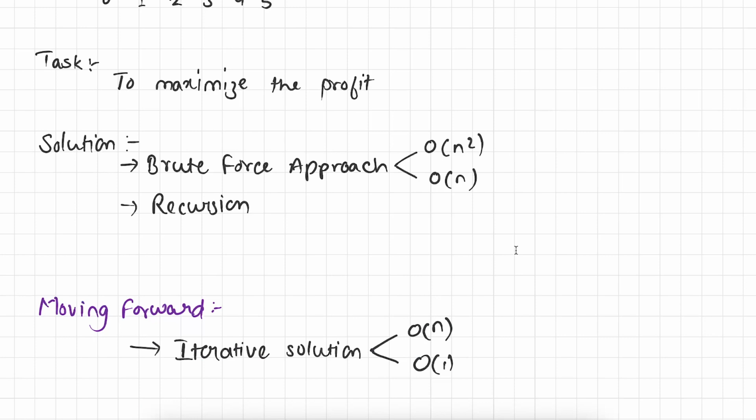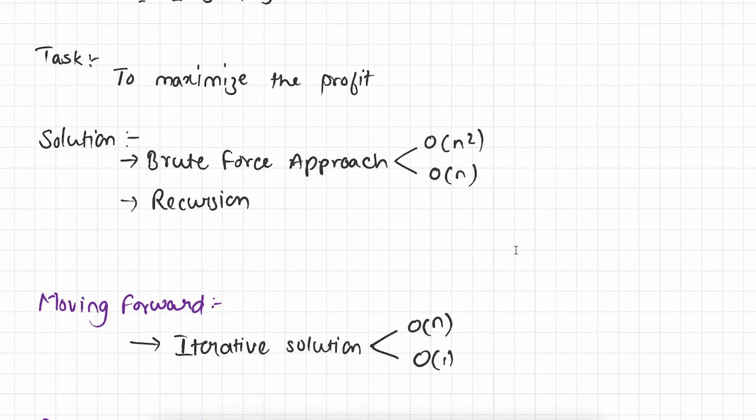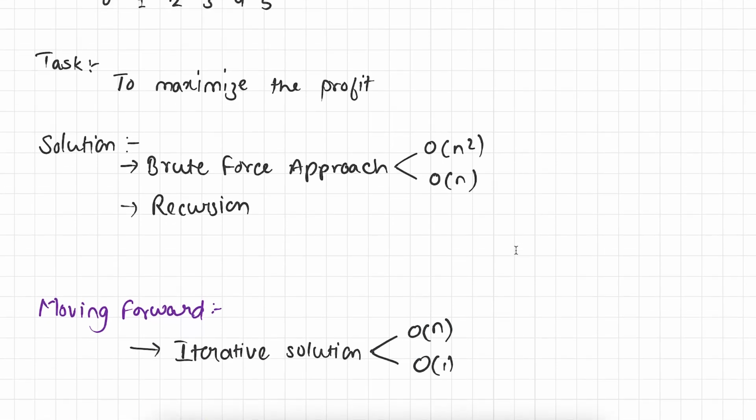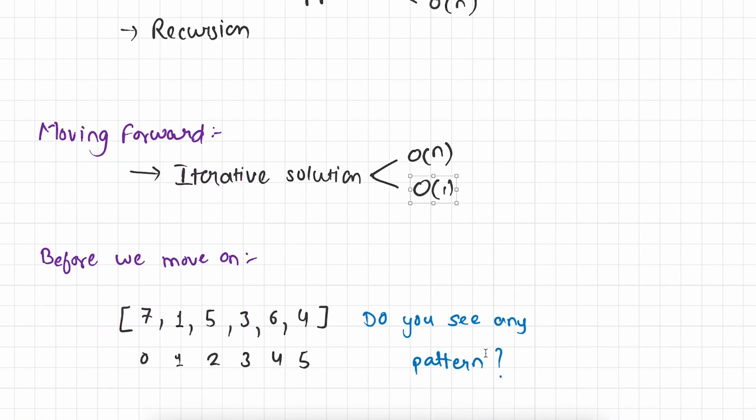Moving forward, in this video, we are going to see a solution to solve this problem using iteration. This iterative solution is going to solve this problem in O(n) time complexity and O(1) space complexity. Before we move on to the approach, let's try to analyze this data.